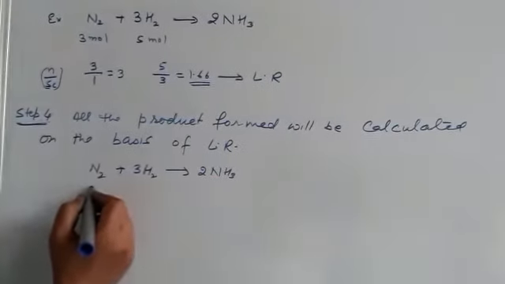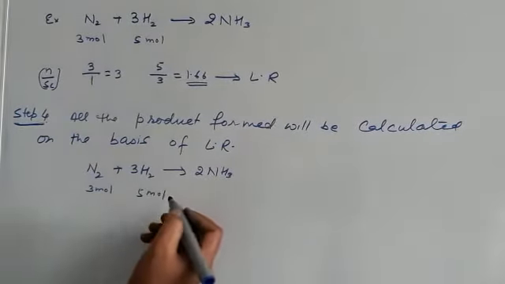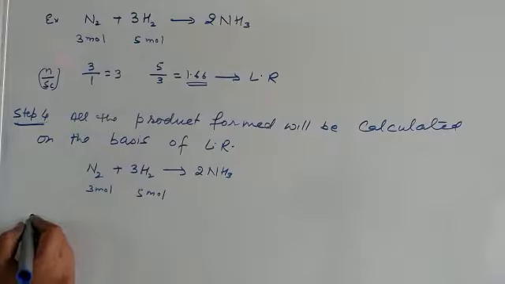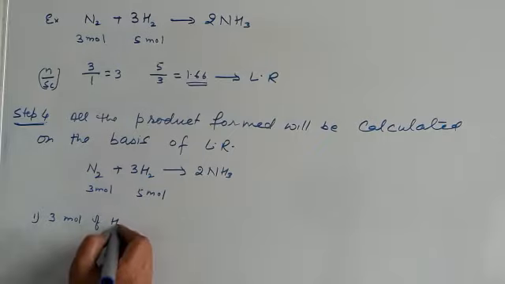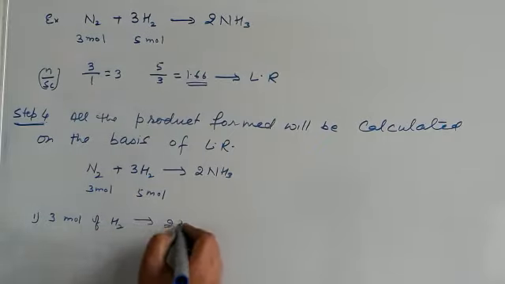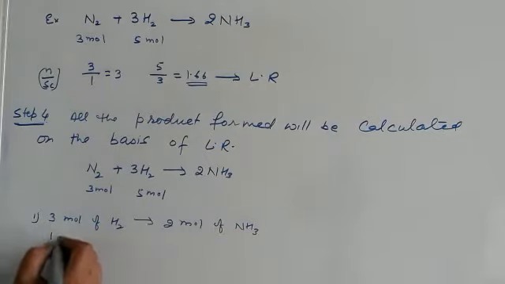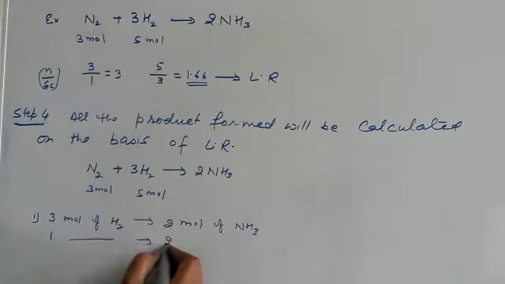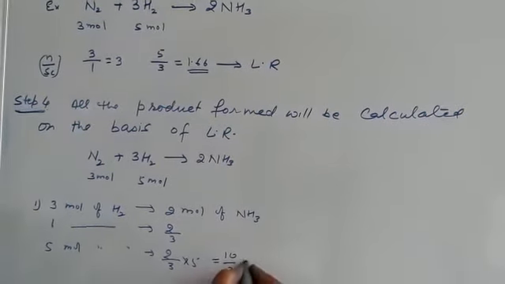This is 3 moles and this is 5. So let's see the first question. 3 moles of hydrogen give 2 moles of ammonia, then 1 mole of hydrogen will give 2 by 3, and 5 moles of hydrogen give 2 by 3 into 5, means 10 by 3 moles of ammonia.